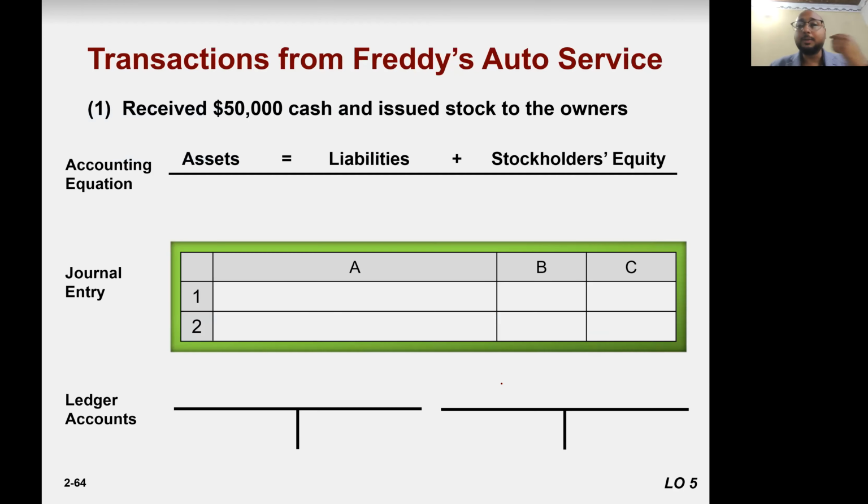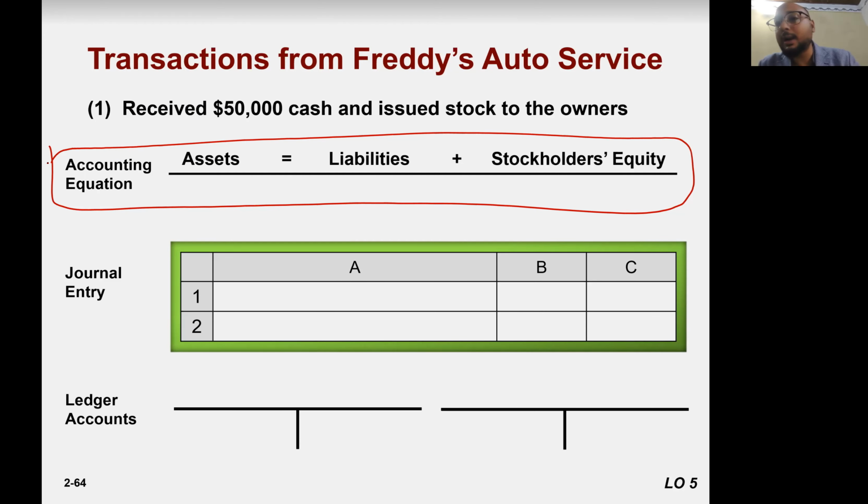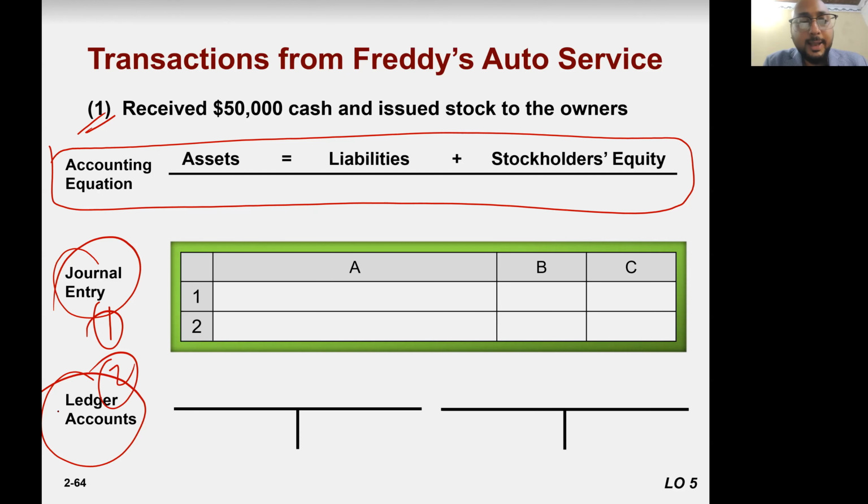Simple. This is for your information, to check whether the double entry system follows the accounting equation or not. That doesn't mean that every time you have to make the accounting equation as well. This is just to make sure that the equation is balanced. We have to follow journal and ledger.